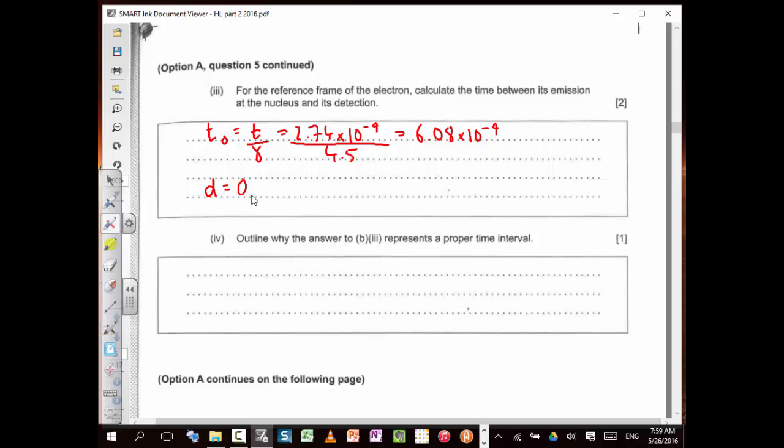D is equal to 0.178 meters, and we know that V is equal to 0.975 C. And so T is equal to, oh, sorry, other way around, D over V, which is 0.178 over 0.975 C, which is 6.08 times 10 to the negative 10 seconds. This is negative 10, not negative 9.